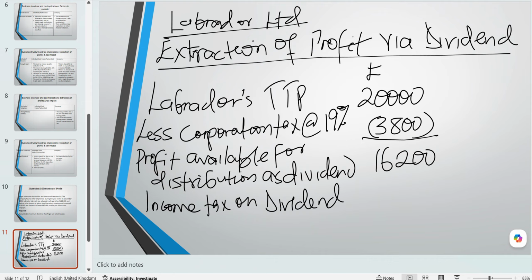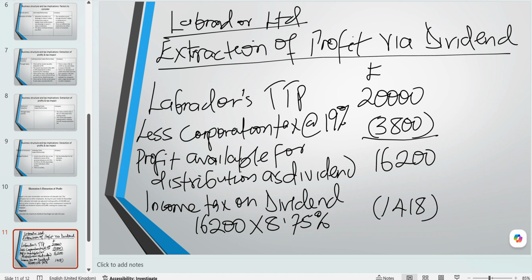Income tax on dividend will be 16,200, because she is a basic rate taxpayer, so it will be 16,200 times 8.75%. This is with consideration of other income. So 8.75% of 16,200 will be 1,418. This is deducted.